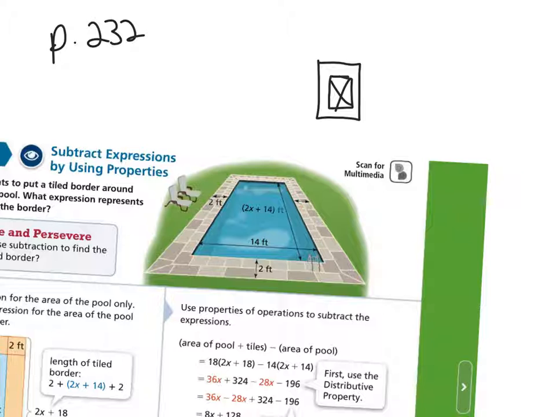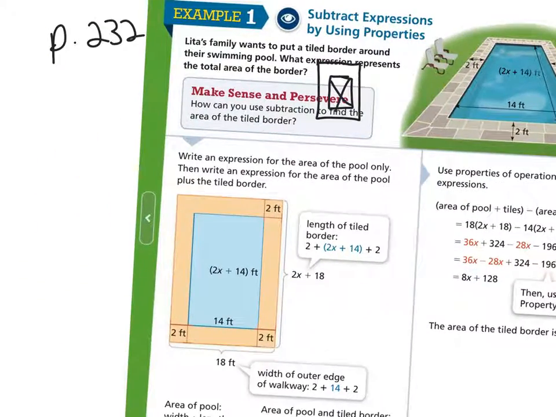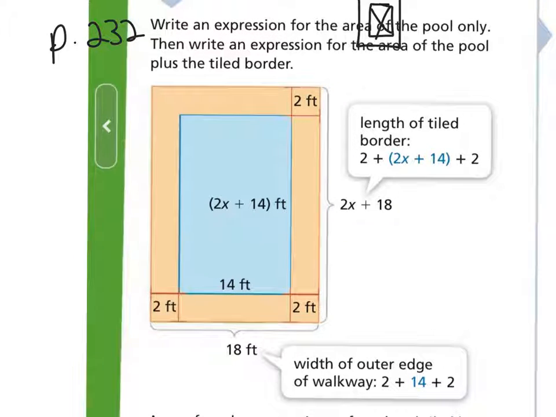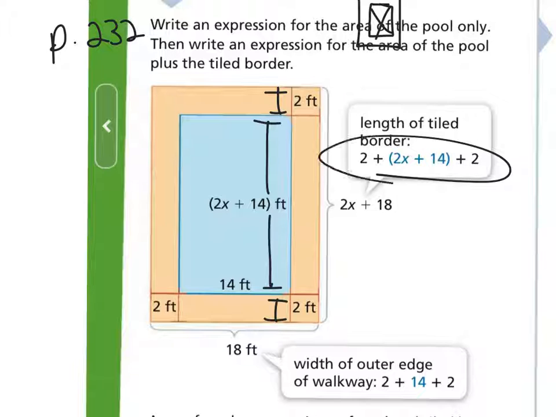Okay, so that's what they're doing over here. We had 2x plus 14 as the length of the pool, and then the border is 2 feet on each side. So 2x plus 14 plus 2 plus another 2 altogether gives us 2x plus 18.